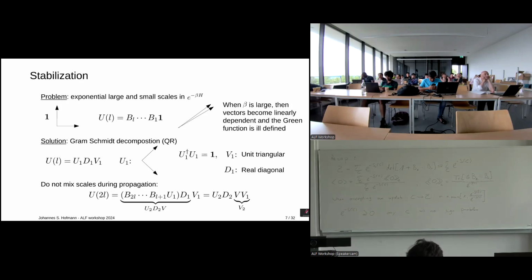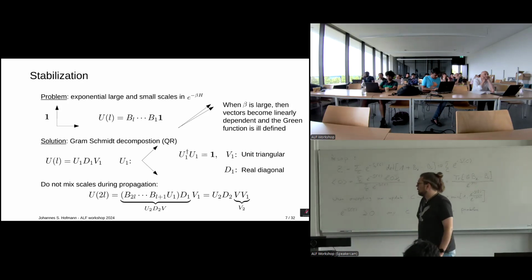Then, keeping in mind the overall scales generated after the first step, you do a new UDV decomposition of this set of B matrices acting on the unitary and the scale. This then combines the next UDV decomposed product of B matrices for the second stabilization point.